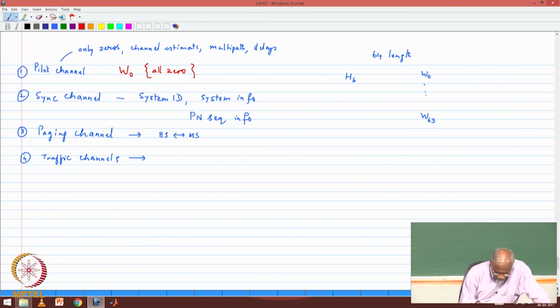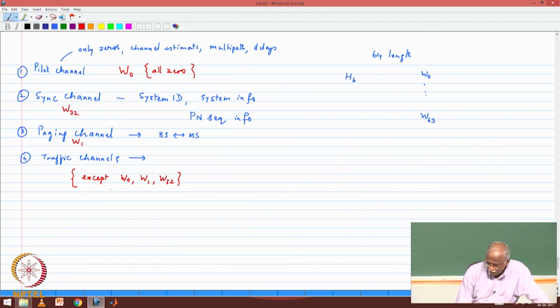The sync channel by convention uses W32, +1 -1 +1 -1. That's the alternating sequence. The paging channel is usually assigned the W1 spreading code. So the traffic channels can be anything except W0, W1 and W32.